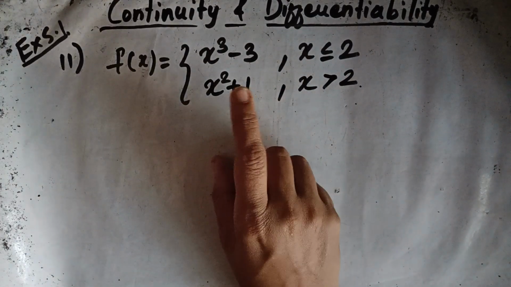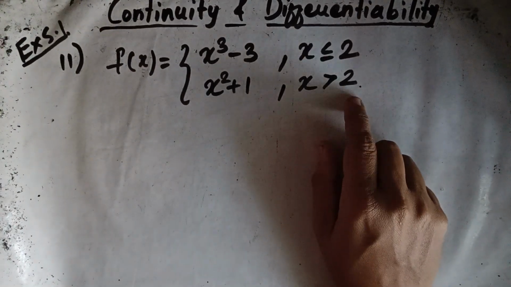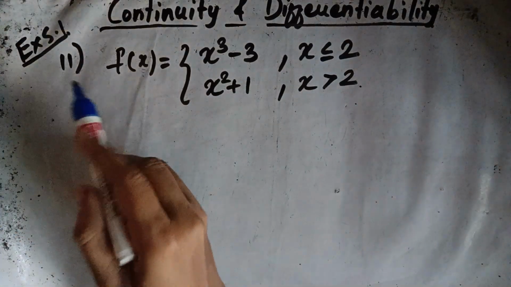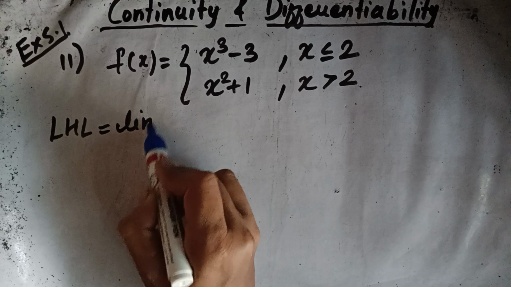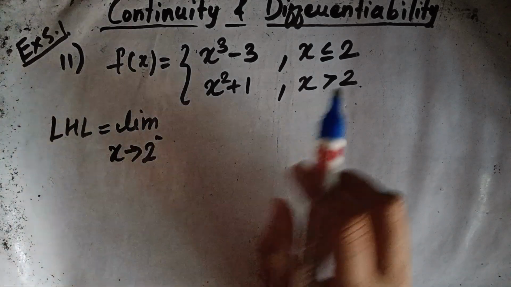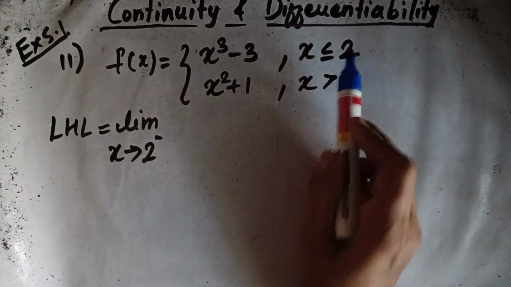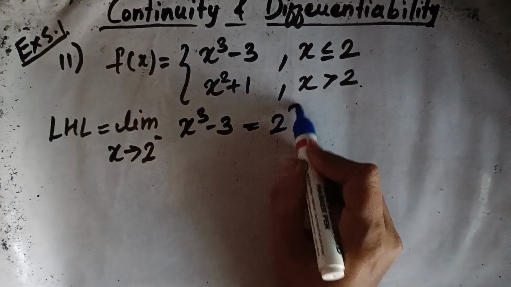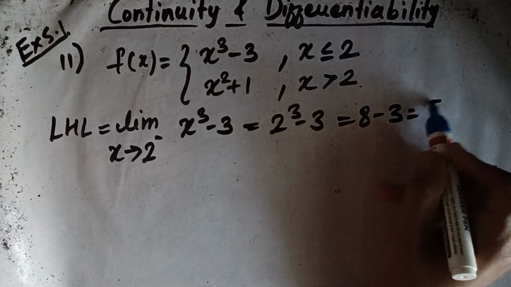So now we have to take the point 2. Start with LHL, the left hand limit, as x tends to 2 minus. We take the first function, x cube minus 3. So 2 cube minus 3, 8 minus 3 is 5.